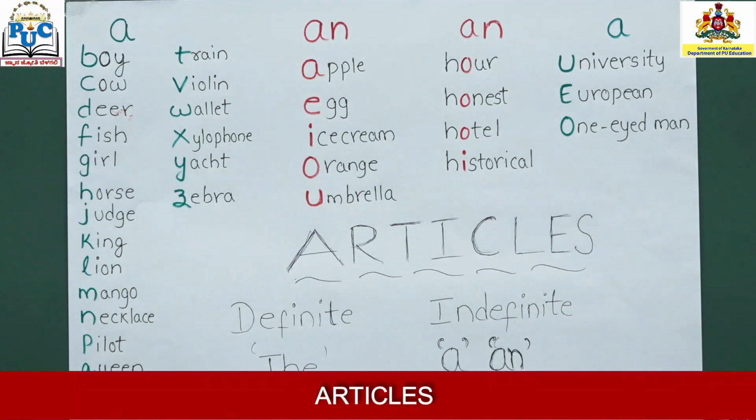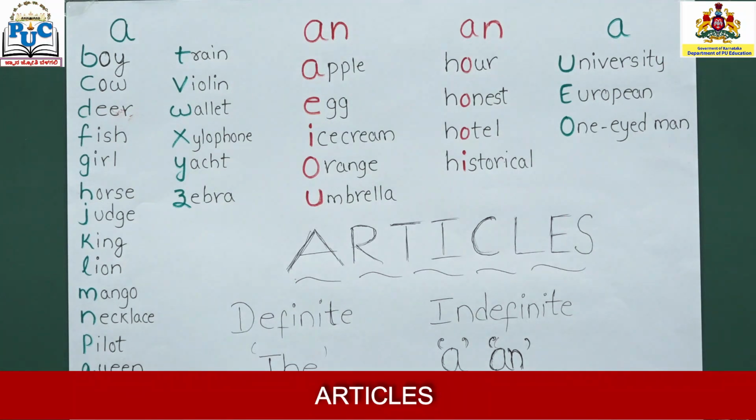Fine. Let me first deal with the indefinite articles a and an. The problem is, when are you supposed to use a and when are you supposed to use an?